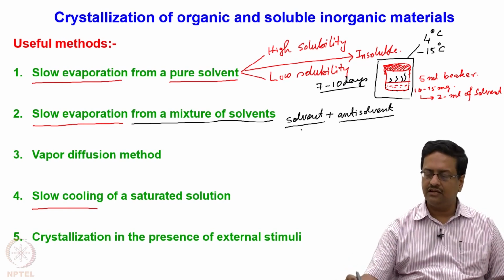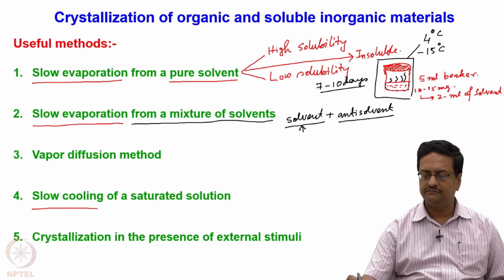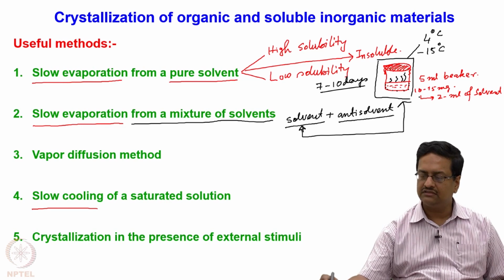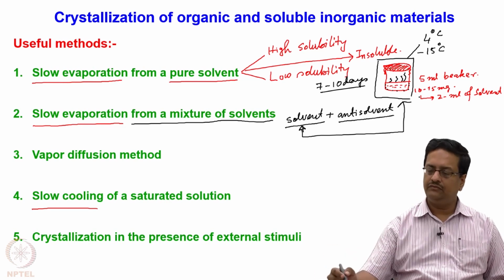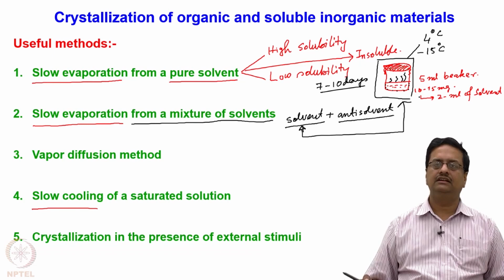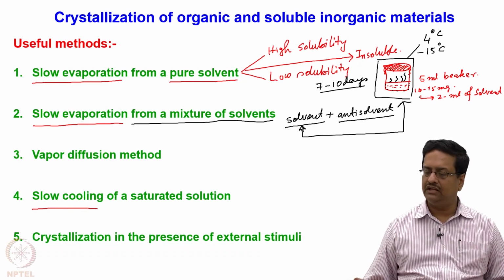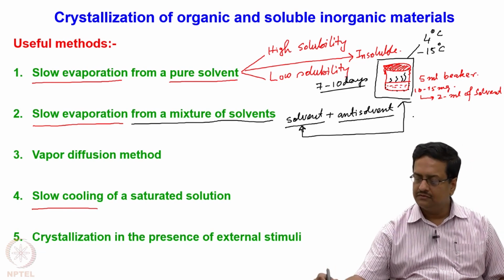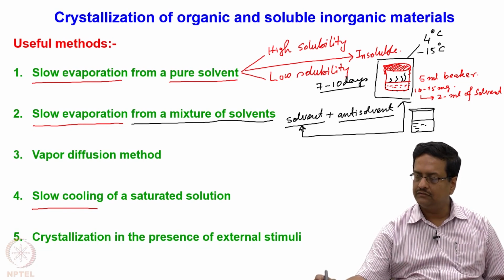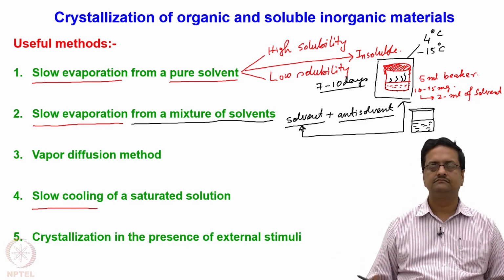We first dissolve the compound in a solvent in the same manner as we have done previously, and then we add the anti-solvent to the same solution and mix them well. So what we now have is a solution of our compound in a beaker in two different solvents.